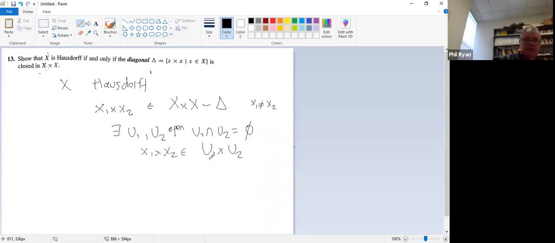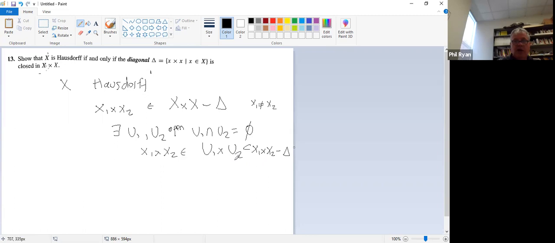So we claim this open set is contained within x cross x minus the diagonal, because otherwise we'd have a y, right? If it intersected with the diagonal, that means there'd be a y that lied in u1 and a y in u2.